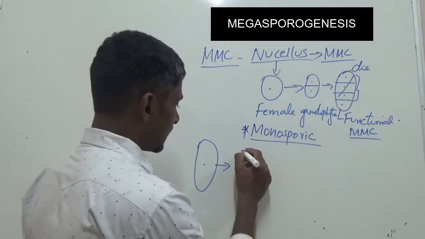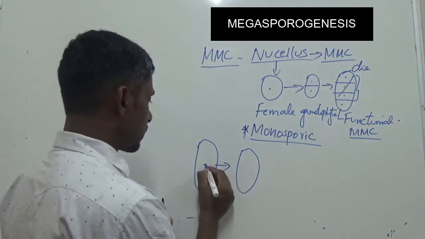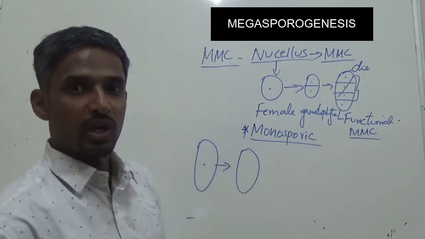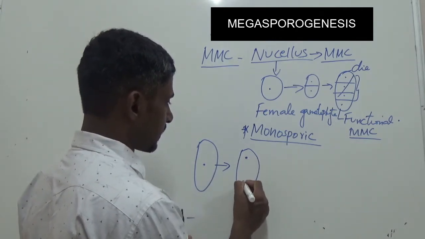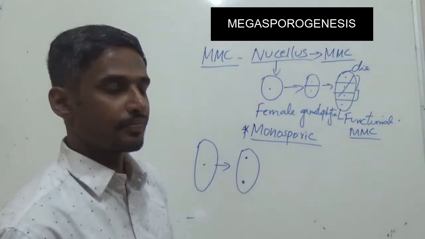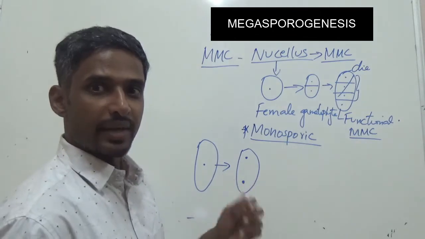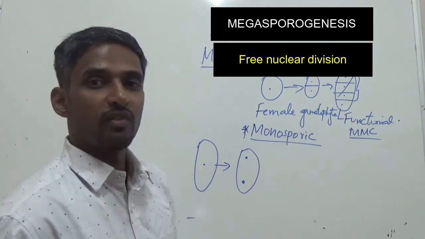Now this division is very special. Here the nucleus of this cell will undergo division and we will get 2 nuclei. But what you can notice is, in usual mitosis, what happens? There is a division of nucleus and then there is formation of cell wall. Whereas here there is no cell wall formation.